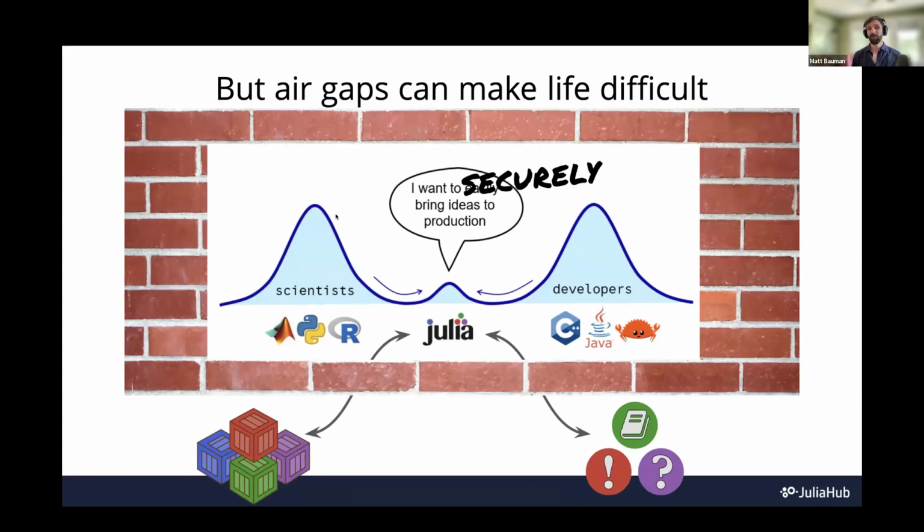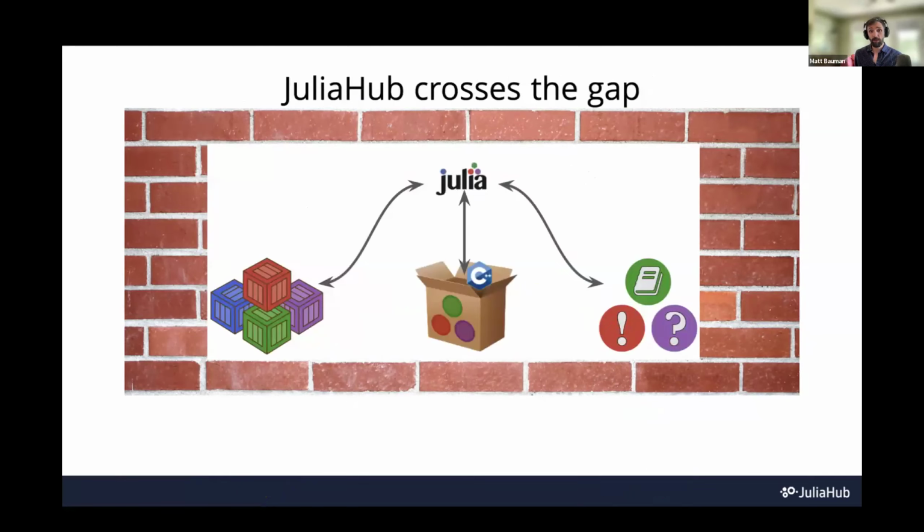Then in many organizations and environments, you end up behind an air gap where Julia can no longer reach out and access the kinds of infrastructure that it uses on a day-to-day basis, right? The package ecosystem, the documentation that you need, and there are also third-party packages where you have the need to access binaries and things like that that we express through artifacts in the Julia ecosystem.